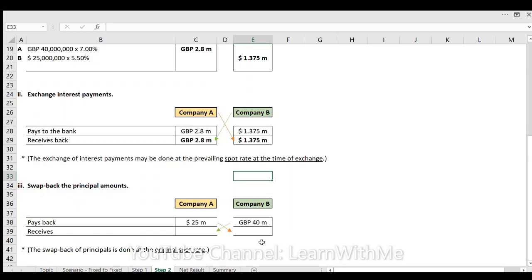So company A again receives 40 million pounds from company B, which it will repay the bank, and company B receives $25 million from company A, which it will repay its own bank from where it's borrowed. Again, at what rate will this transfer take place? This transfer will take place at the original exchange rate, at the original spot rate at the time of your first or your original swap.